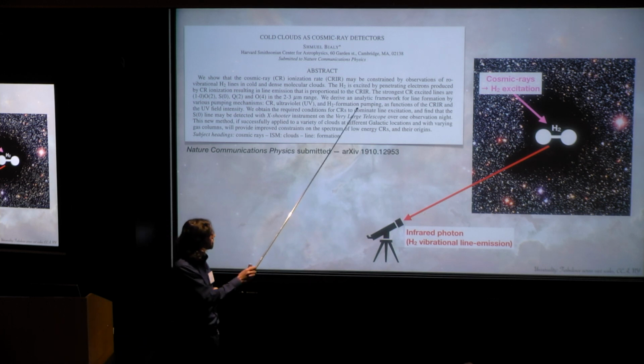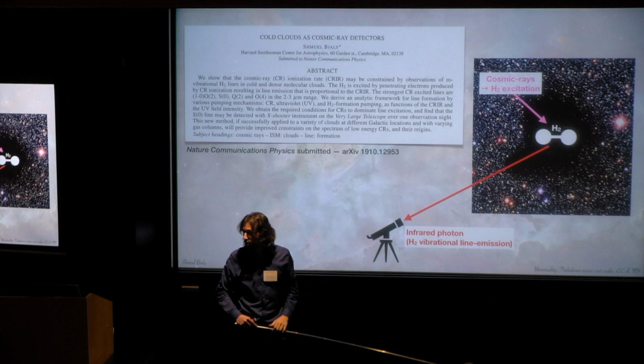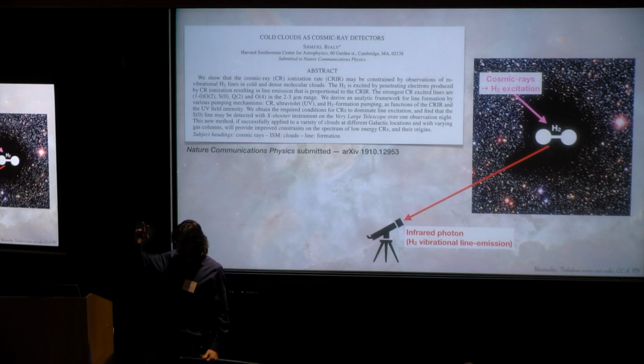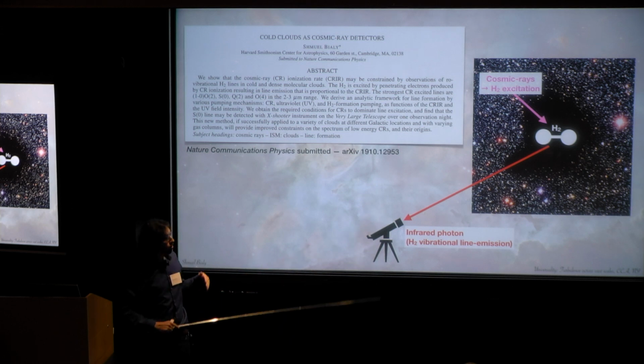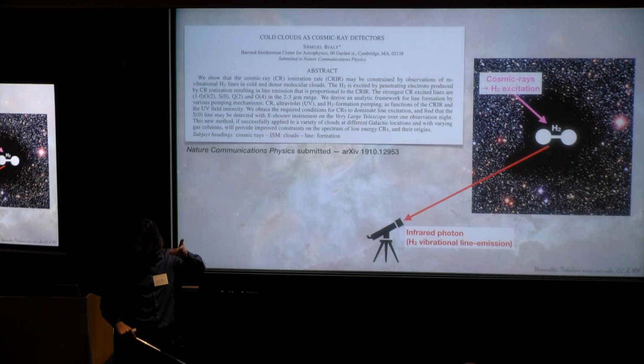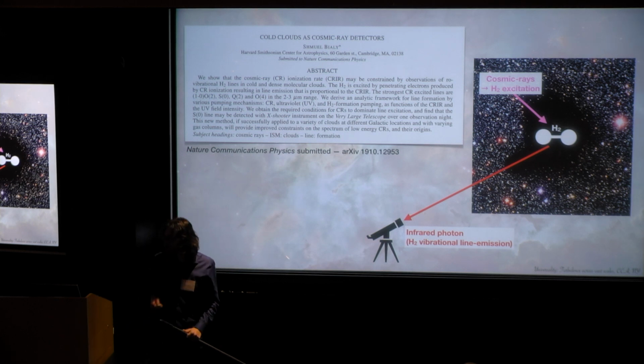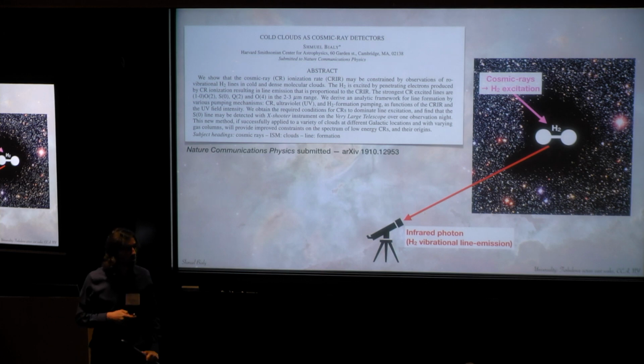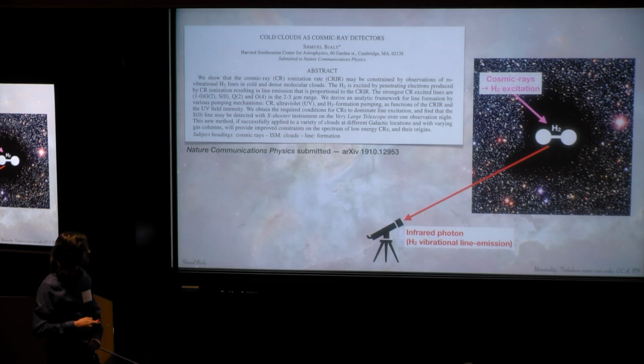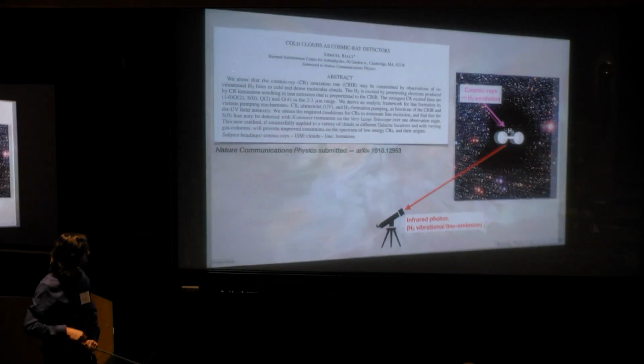Cosmic rays come, hit an H2 molecule, and excite it. Then when the H2 molecule relaxes to the ground state, it emits a photon, a vibrational line in the infrared. If we observe this photon, we can constrain the excitation rate, which is the cosmic ray ionization rate. So this might be a new method to constrain the cosmic ray ionization rate in molecular clouds in the galaxy.